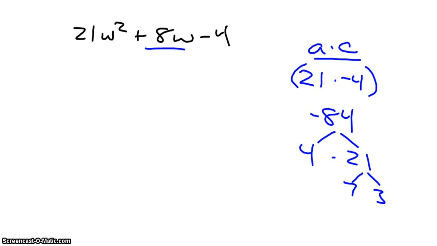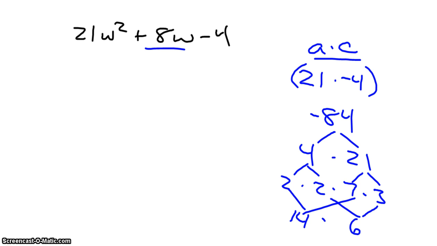So when I look at 7 and 3, do I see any way I could recombine these factors to give us a difference of 8? Let's factor this too. So here are all the factors. There it is. Okay, so 14 times 6 is one way to look at 84, and the difference of 14 and 6 is 8.